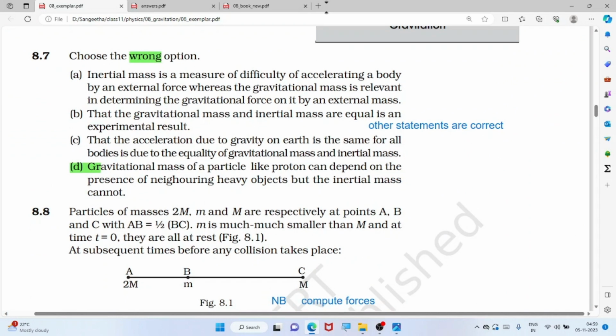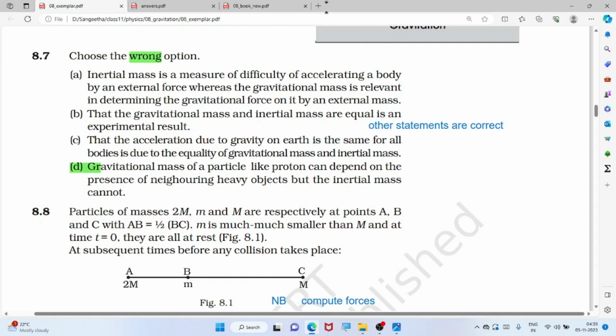Choose the wrong option. Inertial mass is a measure of the difficulty in accelerating a body by an external force, whereas gravitational mass is relevant to determining the gravitational force on it by an external mass. Okay, the gravitational mass and inertial mass are equal in experimental results. That is also correct.